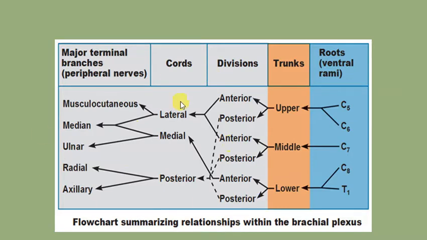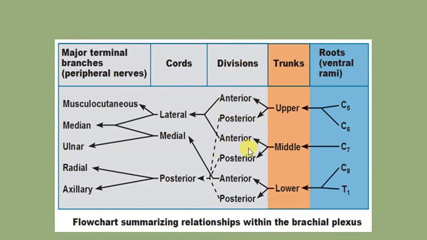This is again the explanation of the same thing we explained in the first diagram. We have C5, C6, C7, C8, T1. C5 and C6 form the upper trunk, the middle trunk by C7, and the lower trunk by C8 and T1. From there, each trunk forms the anterior and the posterior division.